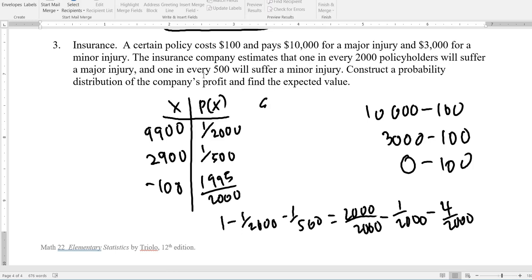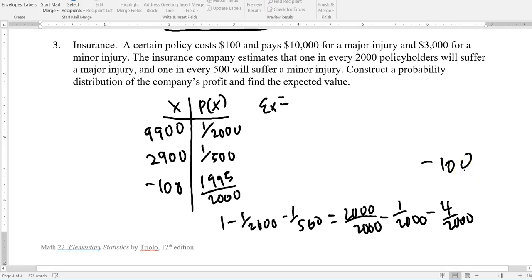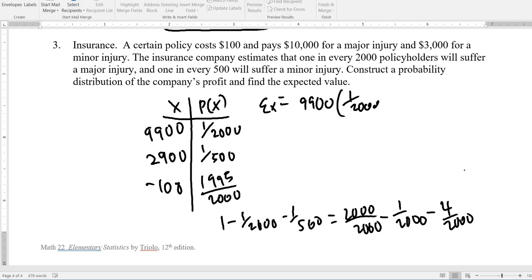How would we get the expected value? Well, 9,900 times the probability, plus 2,900 times the probability, plus, let's say minus, right? 100 times the probability.